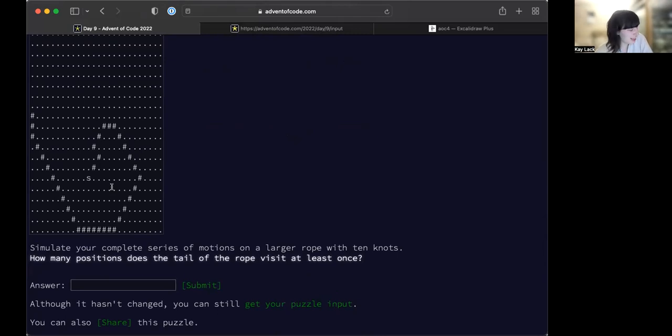In principle, it is exactly the same problem. We just got to go through each of the steps, each of the segments one by one, and update them. One by one.